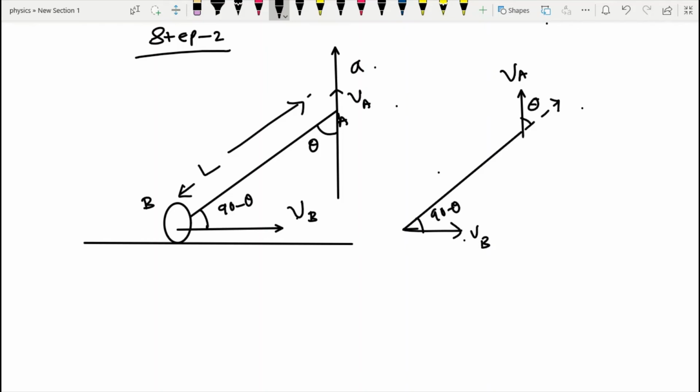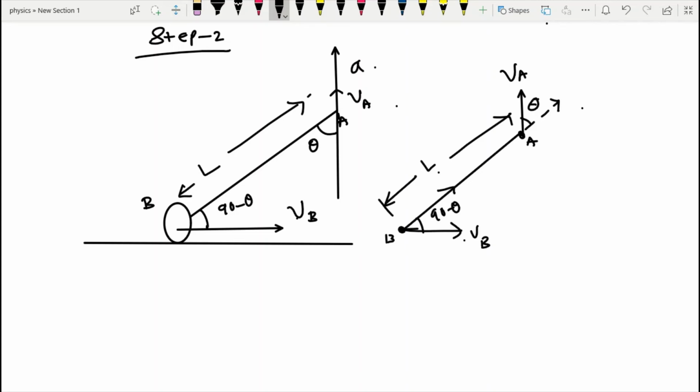So now we are going to take the velocity components of VA and VB along the length of the thread. Because the length of the thread is constant, the relative velocity of point A and point B along the length of the thread must be 0.